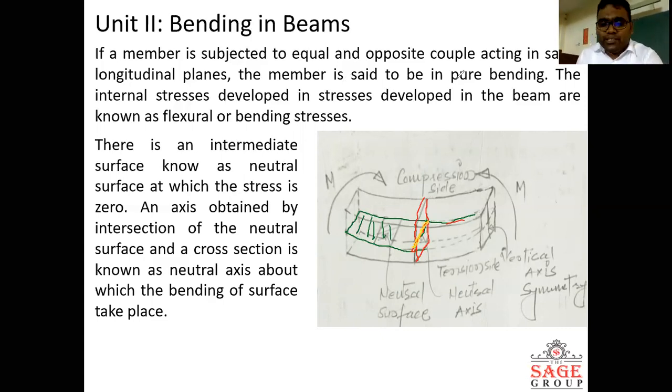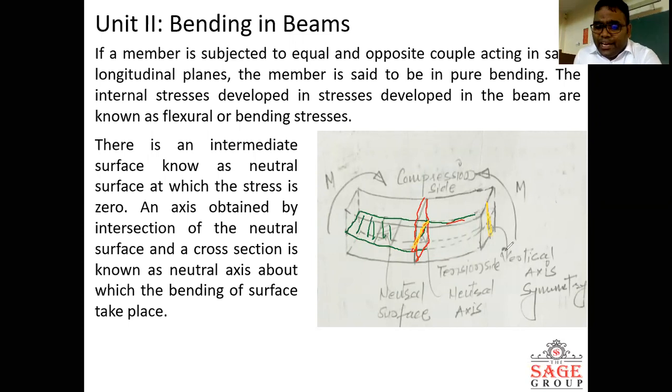These are a few terminologies which are useful in the coming chapter. This is the neutral surface, this is the neutral axis, and this is called the vertical axis of symmetry.